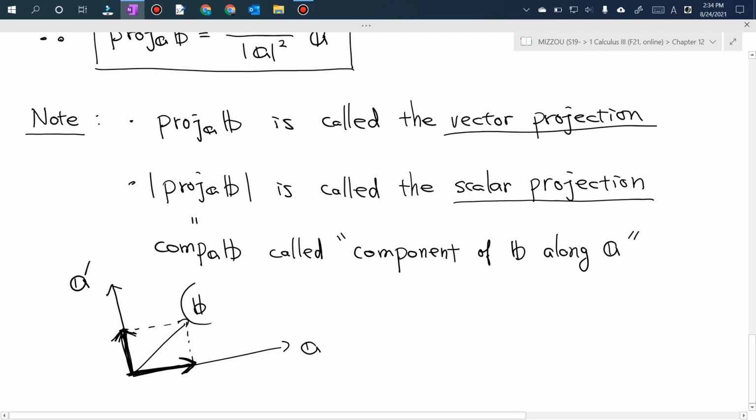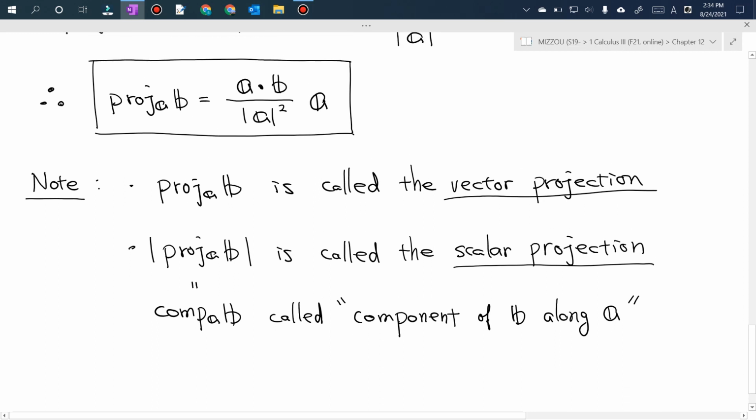In this way, you could decompose the vector B into those two vectors. And if you add those two vectors, you get the vector B back. So this is sort of like a relative coordinate system, if you like. This part is a component, and this part is an A prime component. But anyway, that's the rationale for the terminology. For now, just know those words and know how to compute them. Okay, so that's pretty much the end of this video, which is the continuation of the previous video.